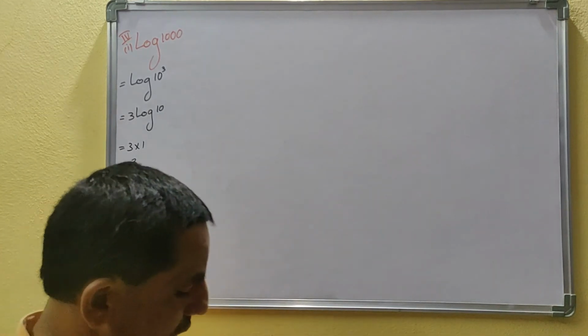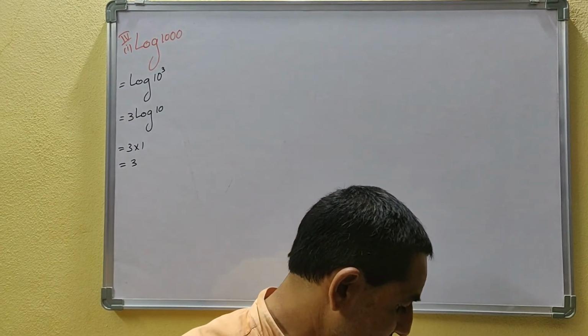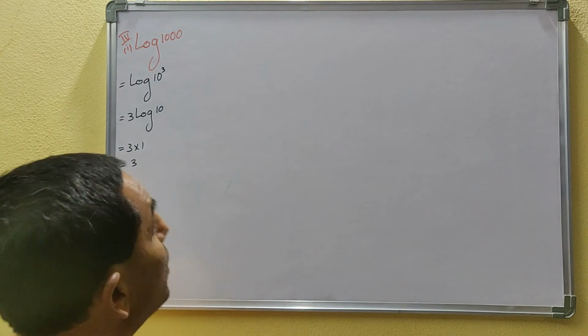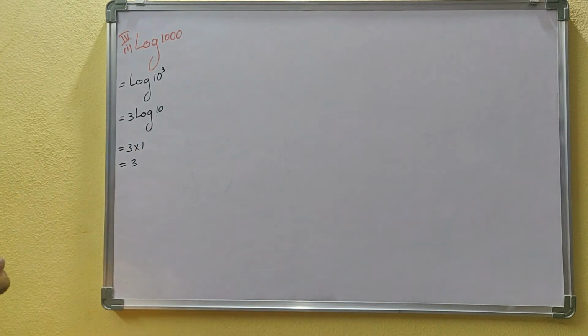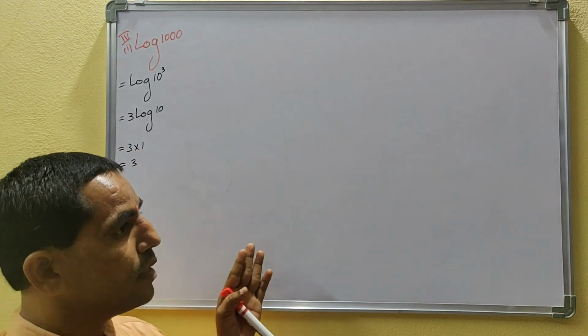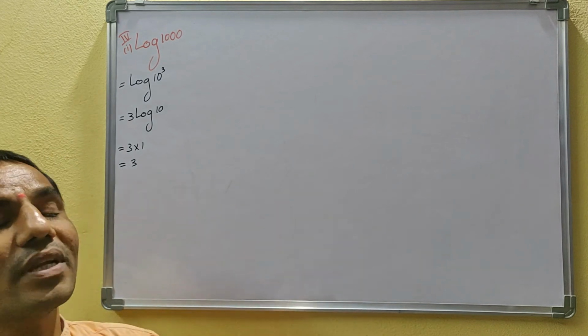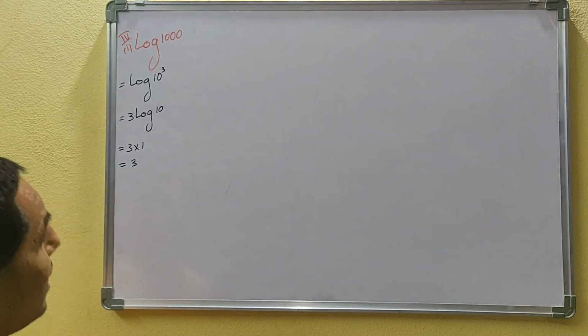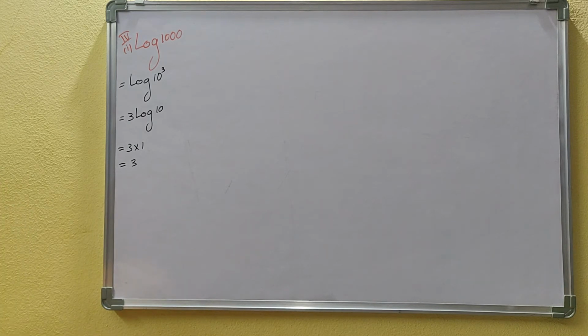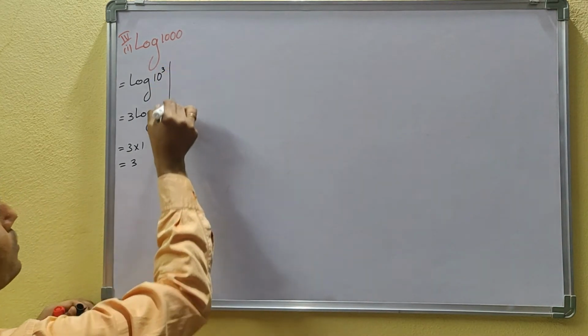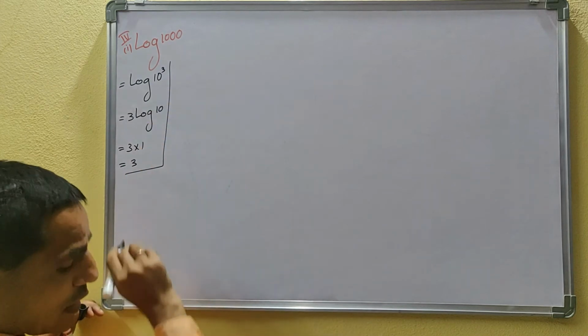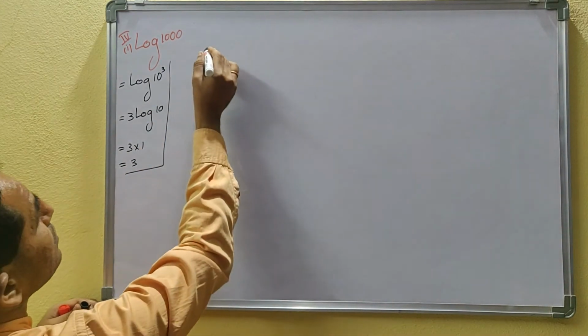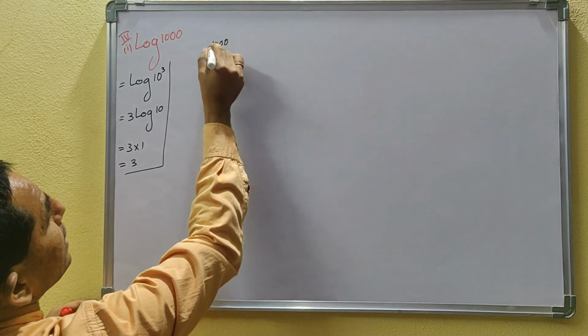So here this is the answer, correct, but as per the question, expand the following. So log 1000 can be written as log plus log plus log plus like that. So log 1000 is there. So find the LCM of it. So I will write this is also a correct answer, but here as per the question, expand the following means find the LCM of 1000.